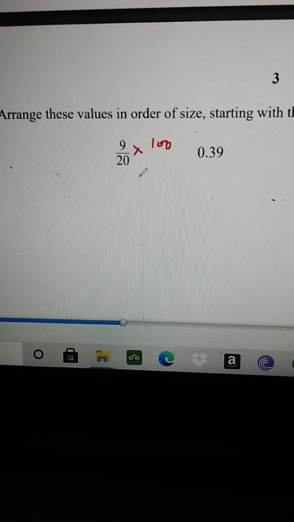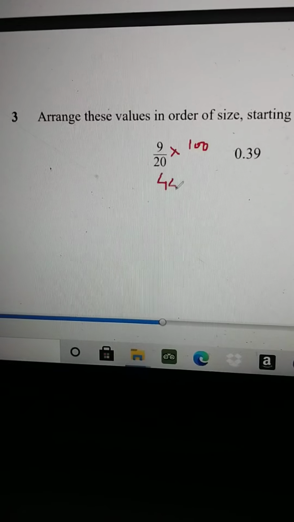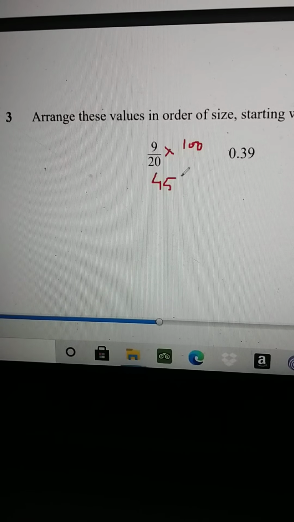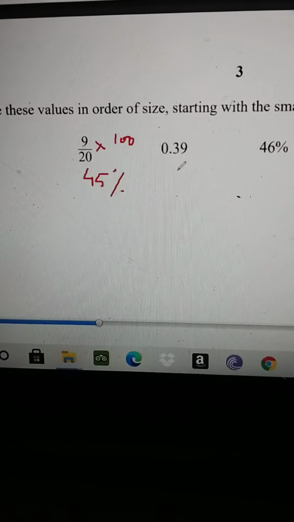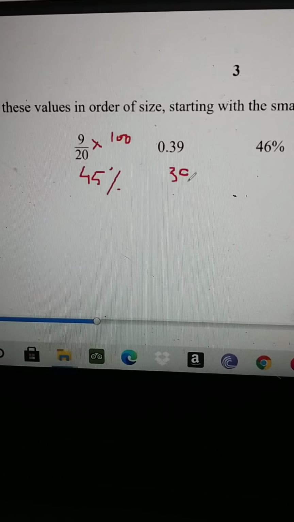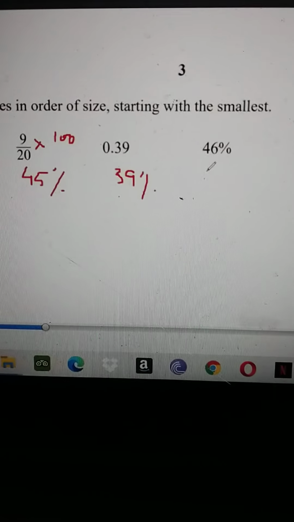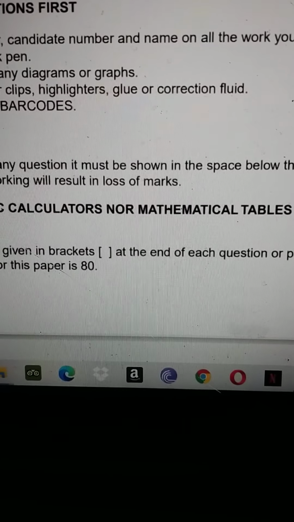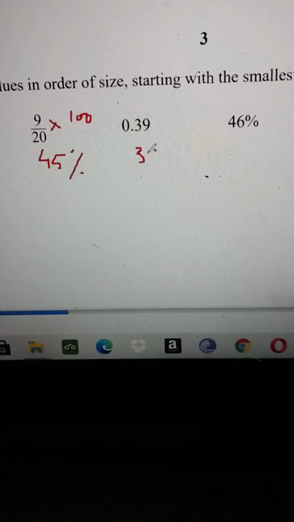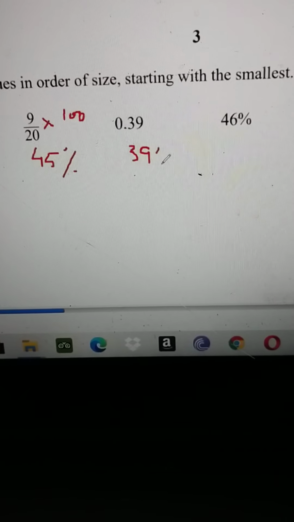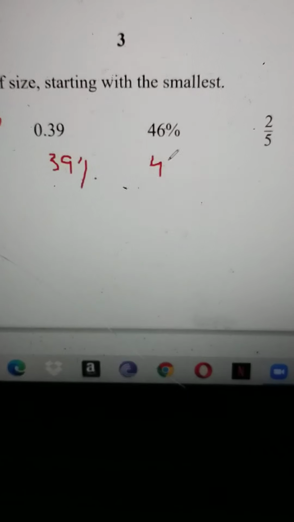When you take the percentage of 9 upon 20, it will be 45%. 0.39 multiplied by 100 will give you 39%. 46% is already in percentage, so we don't have to do anything.